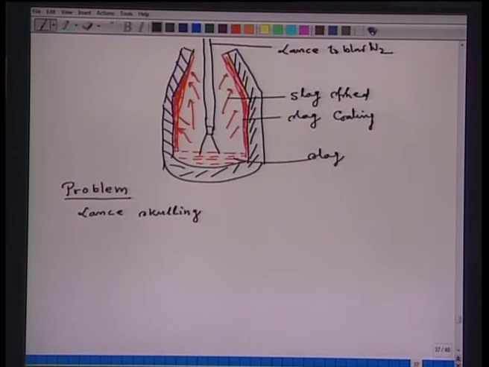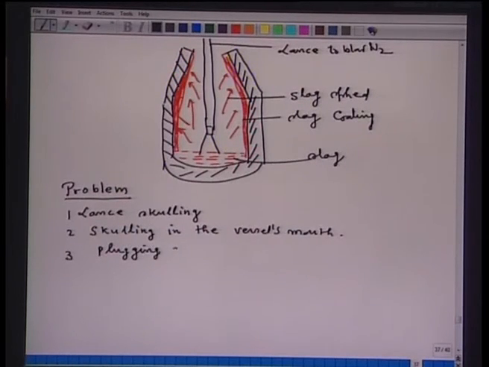Another problem could be sculling in the vessel's mouth. Then third, if it is a top and bottom blowing vessel, the plugging of bottom tuyeres.